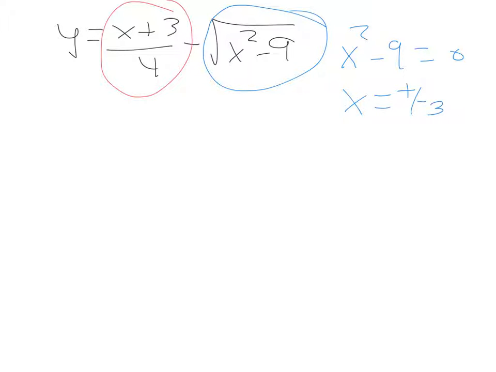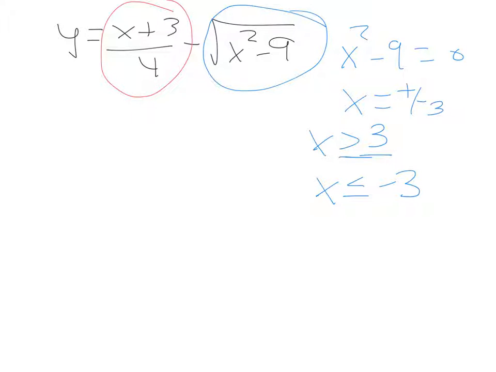The values that we want to include here are anything larger than 3. We want x to be greater than or equal to 3, and we want x to be less than or equal to negative 3. So the x values that we don't want to include are anything between negative 3 and 3.